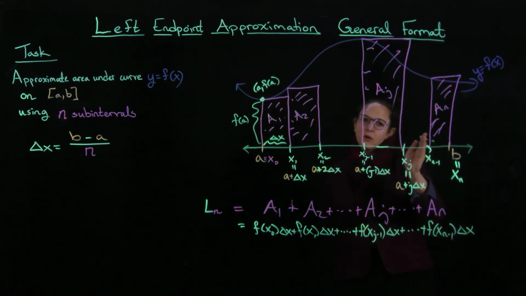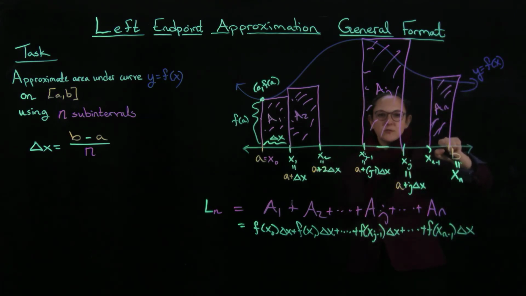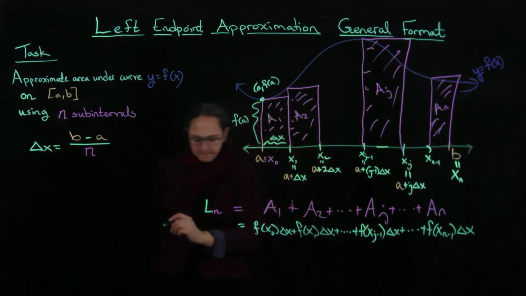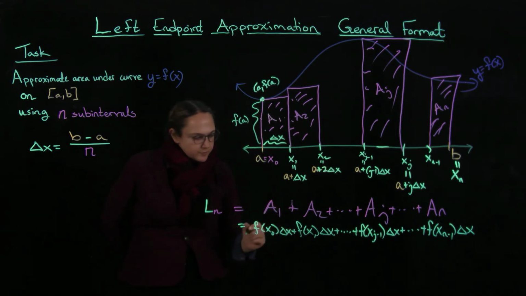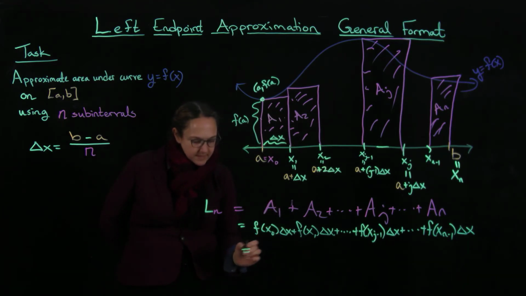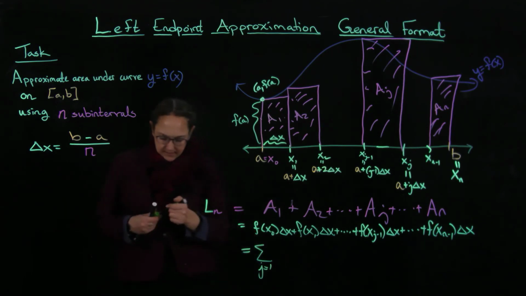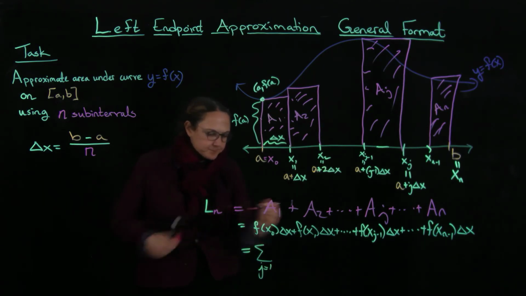Right, we don't have any rectangle that uses the height at this point, right? We only have one that uses xn minus 1. So we know that we're done there. And then this is equal to, in my sigma notation, the sum from j equals 1 to n, and then we put this in red.